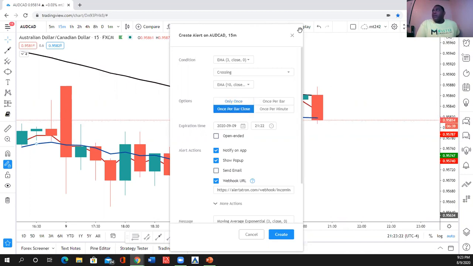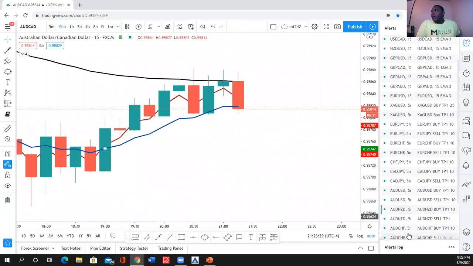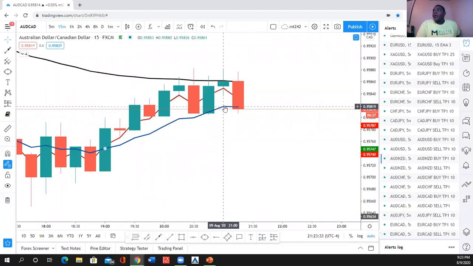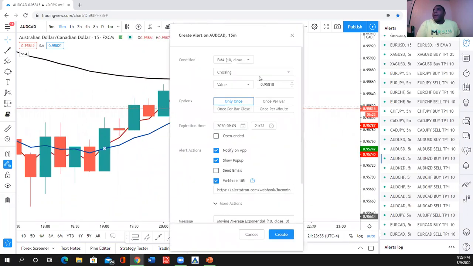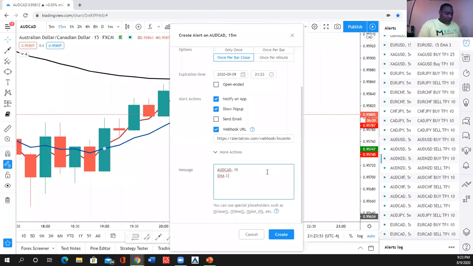All right, I believe I have this set already, so I don't want to set another one. AUD CAD. Okay, no, I don't, but I'll set it anyway. Add alert. EMA 3 crossing EMA 10, once per bar close. That's AUD CAD, EMA 3 crossing EMA 10.